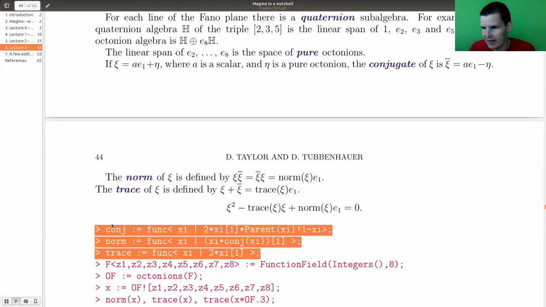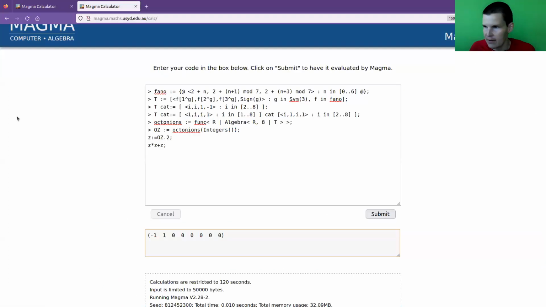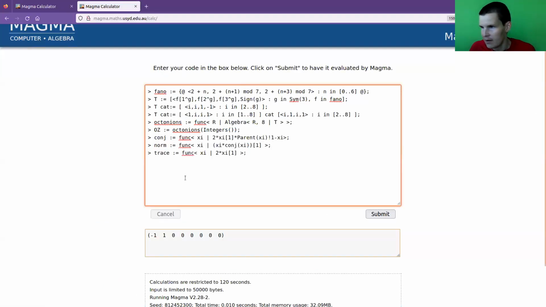So let's set that up as a function in our octonions: a function that takes xi and returns its conjugate. The norm takes xi and returns the norm of that element, because it's xi times its conjugate. So we can try that now.